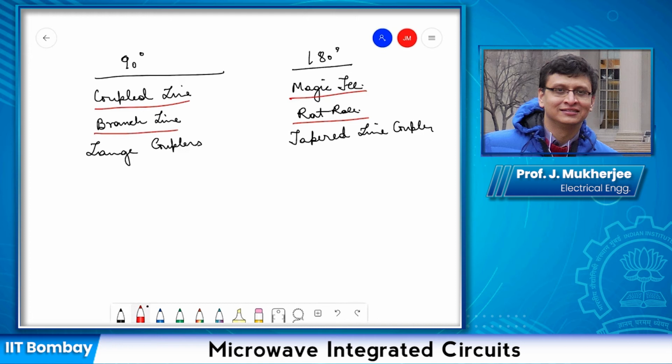So magic T is an example of a 180-degree coupler.